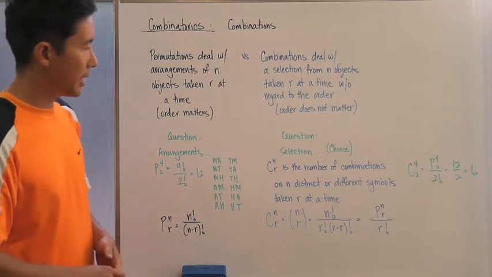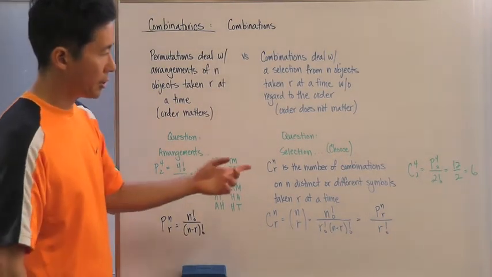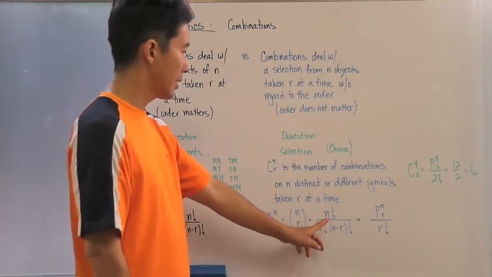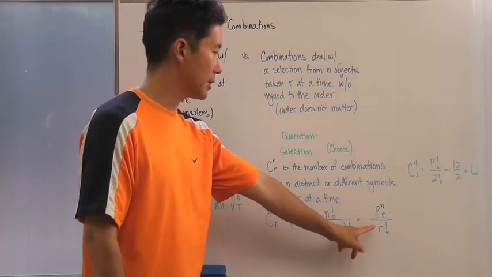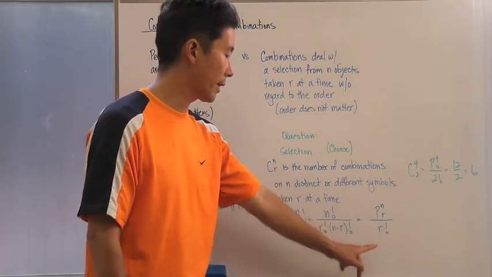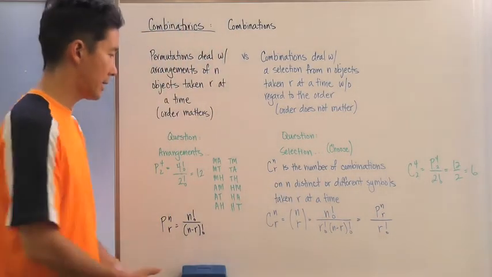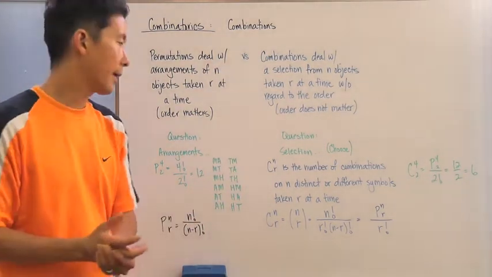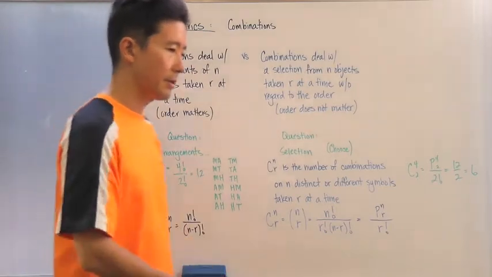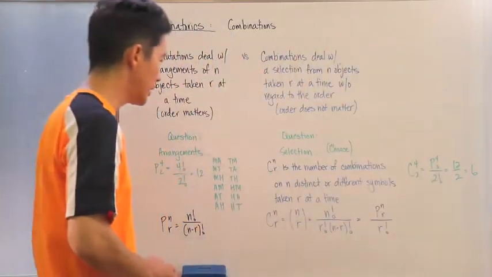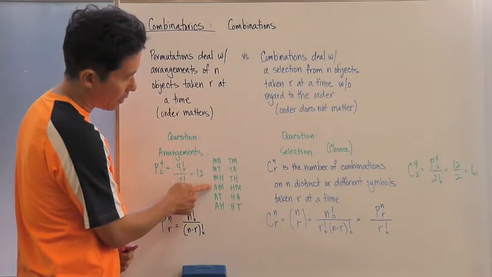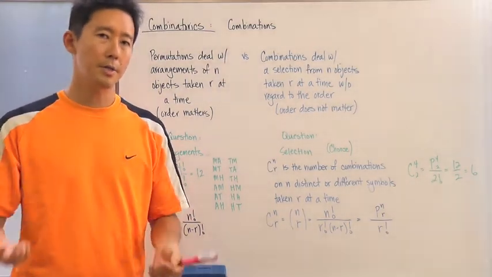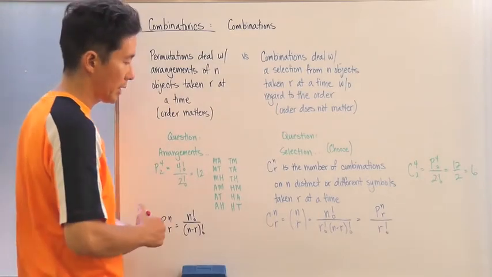Now let's take a look at what we have here for choose. With choose, what we're going to have is the number of permutations divided by r factorial. Now why is that? Let's say for example here again are all the different arrangements. When we take a look at these arrangements, MA or AM doesn't make a difference because you selected those 2 letters as your choice or your selection.